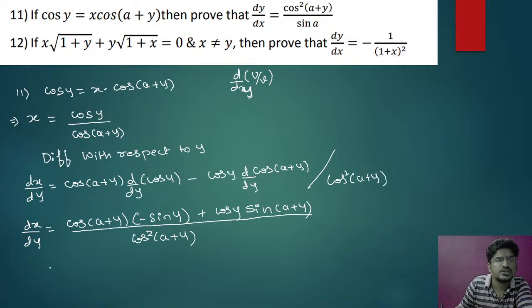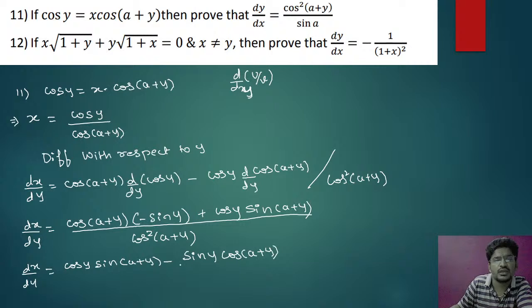Okay. So therefore here you can just see dx by dy will be equal to, this positive term I will write first, cos y sin of a plus y, here minus sin y into cos of a plus y. Total term is divided by cos square a plus y.